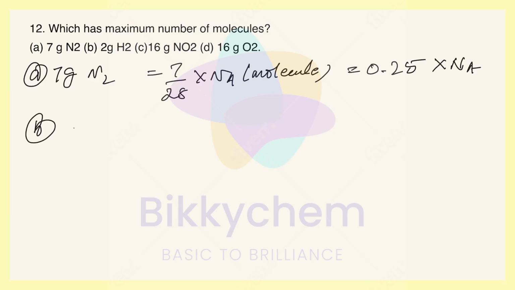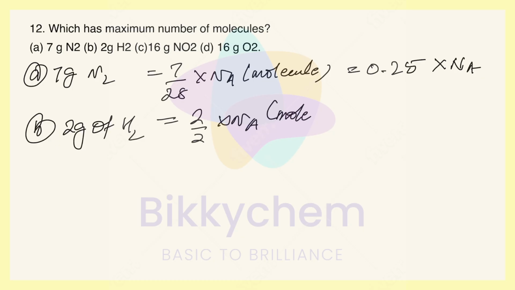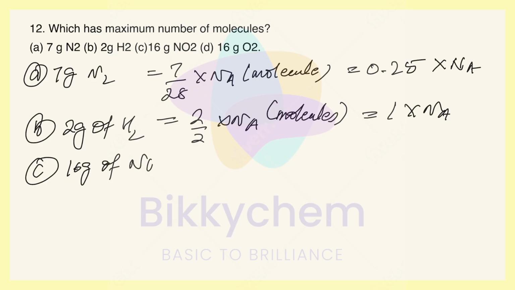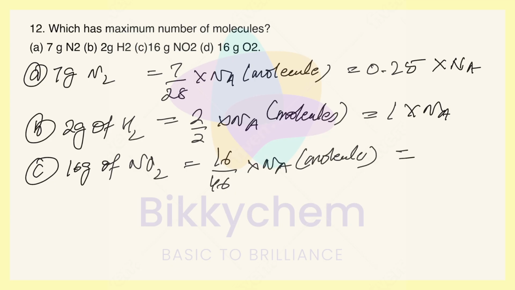B will be 2 gram of H2, 2 by 2 into Na molecules, so 1 into Na. C is 16 gram of NO2, molar mass 46, so it will be 0.347 into Na.